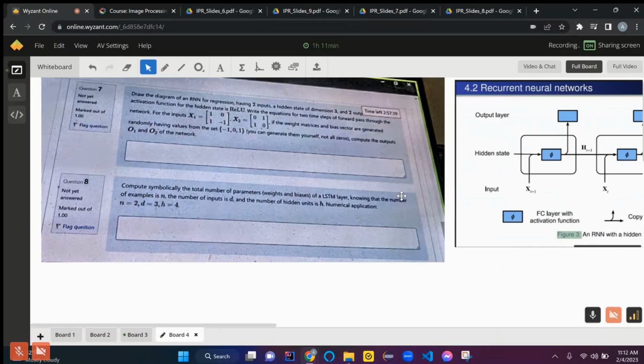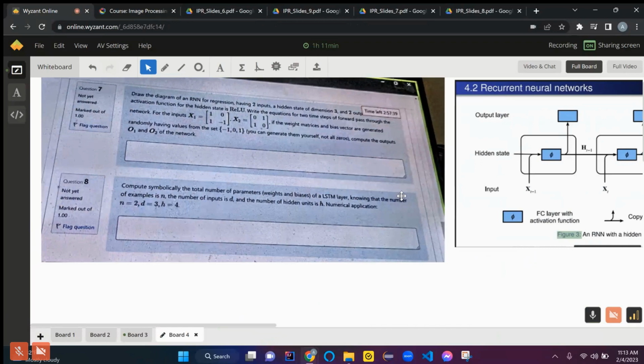There's so many different ways to draw these things. They're saying RNN progression have 2 inputs, hidden state of dimension 3, and 2 outputs.